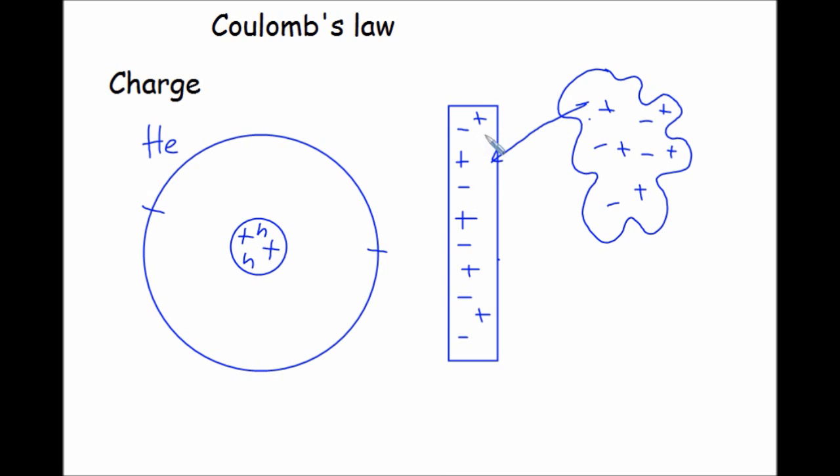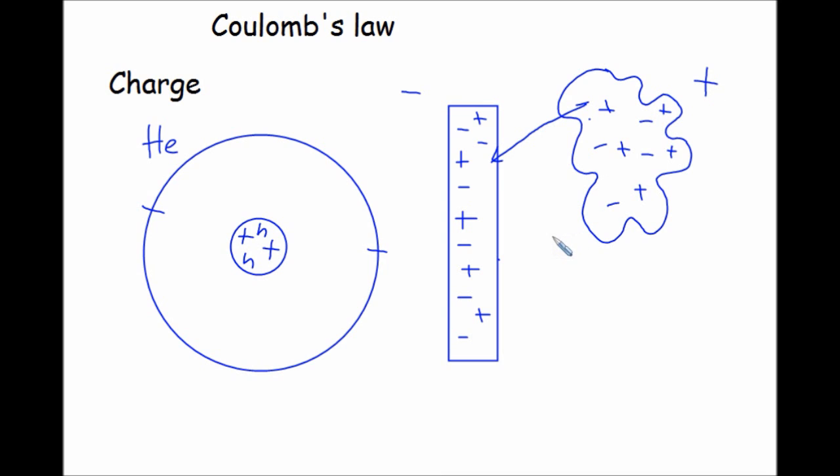If this ruler now has one more electron than it had originally, because it has more electrons than protons, it will have a negative charge. And this cloth, because it has more protons than electrons, will be positively charged.